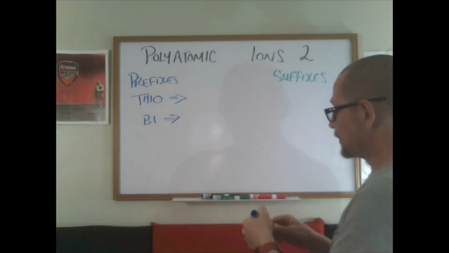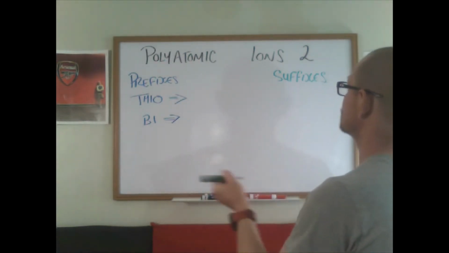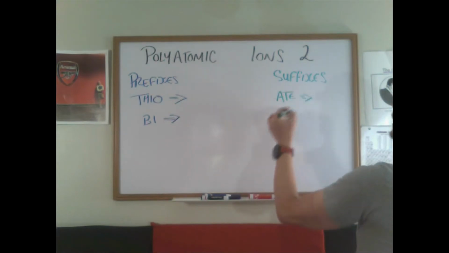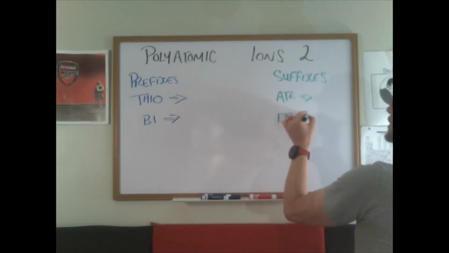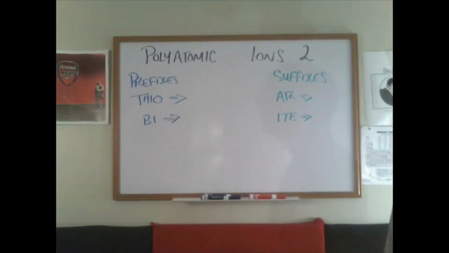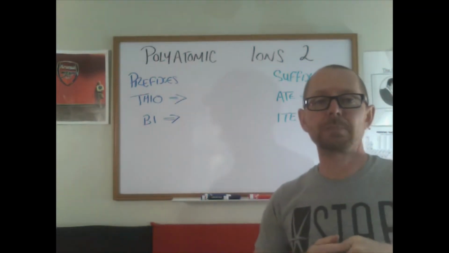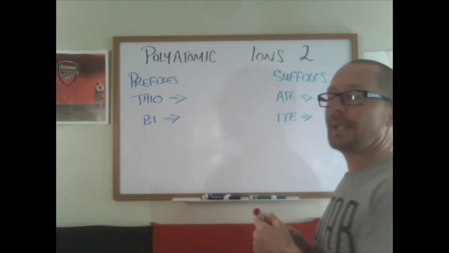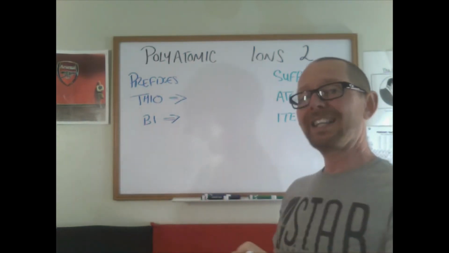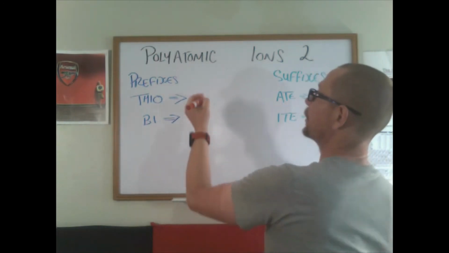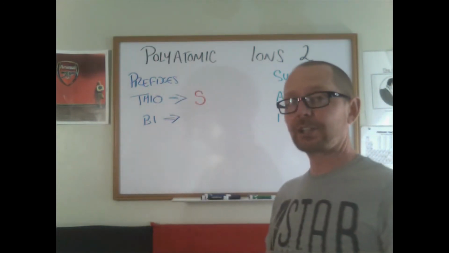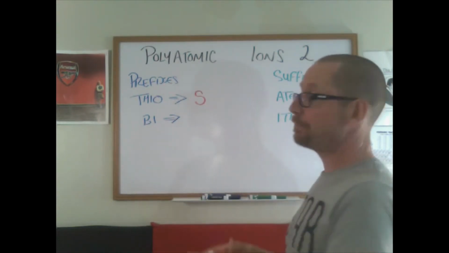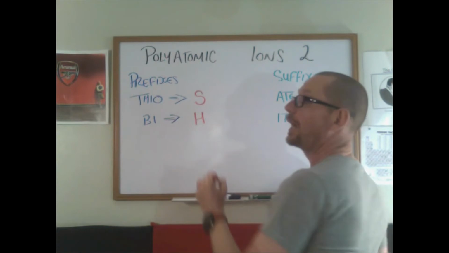And then suffixes are, like we said, -ate or -ite. These have very particular meanings. A prefix of thio means we have an exchange: sulfur exchanged for oxygen. Bi means presence of hydrogen.